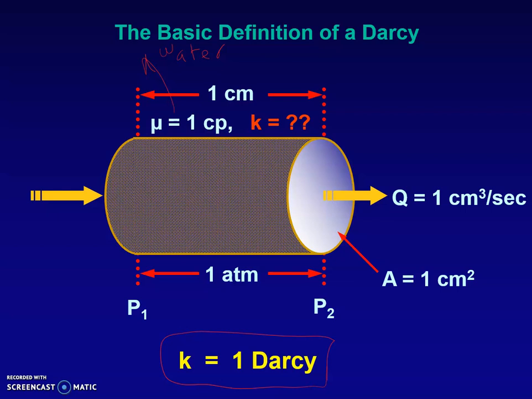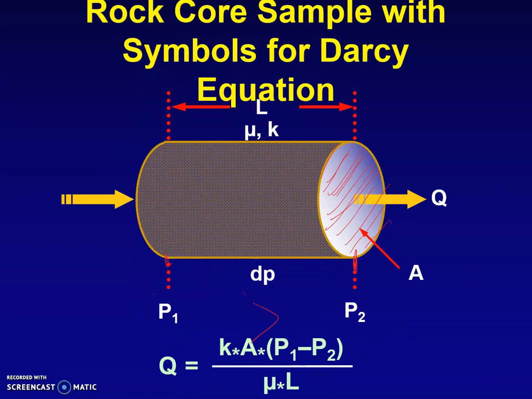So Darcy is basically another unit that we are using, but I think I mentioned that the actual unit of permeability is centimeter square when you use this equation. Please also be careful about the units that you are using for Darcy's equation.